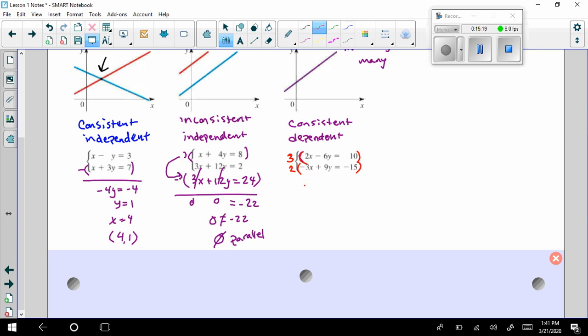So that gives me 6x minus 18y equals 30. On the bottom here, I get negative 6x plus 18y equals negative 30. And when I add those down, I get 0 equals 0. So this is all solutions or all real numbers. So just to give you an idea of what all of those look like.